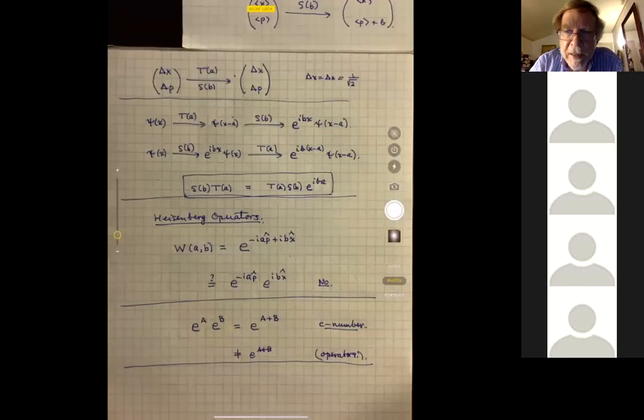That's translations in X. Yes, the generator is linear momentum. That's right. Is there an analog for translations in momentum? Yes. The position is the generator of translations in momentum. It's complementary, you see. The position operator.